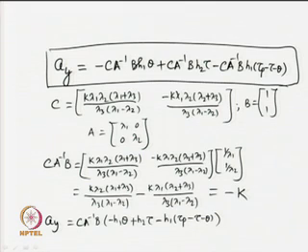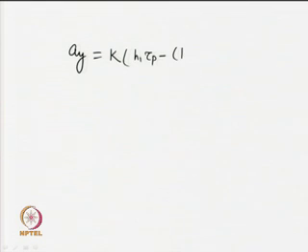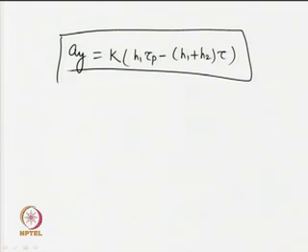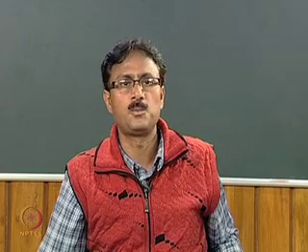But C A inverse B is equal to minus k, therefore, allow me to write here minus k, and writing like that I finally get the expression for A y is equal to k times h 1 tau p minus h 1 plus h 2 tau. So, this is the final expression for area of the output signal.